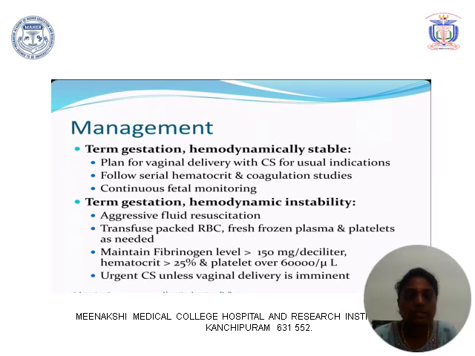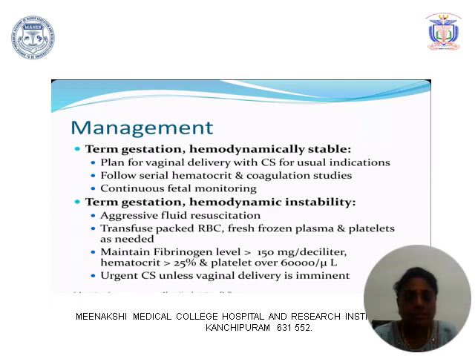And how to manage? If it is term gestation and the patient is hemodynamically stable, plan for vaginal delivery, with cesarean section done only for other obstetric indications. Follow serial hematocrit and coagulation studies, and continuous fetal monitoring should be done.